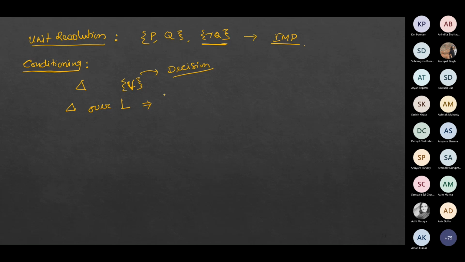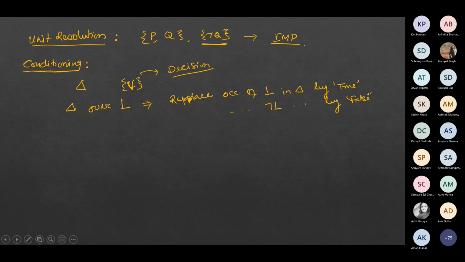You replace every occurrence of literal L in delta by true, and every occurrence of negated L in delta by false.